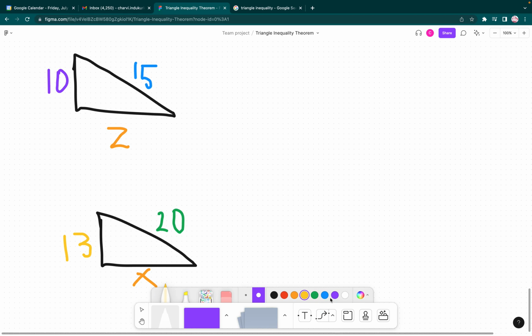So first we're going to start with the first one. 10 plus 15. Remember, we need to write the equation first before you do anything, okay? Don't take any shortcuts until you get it. 10 plus 15 is greater than or equal to z.